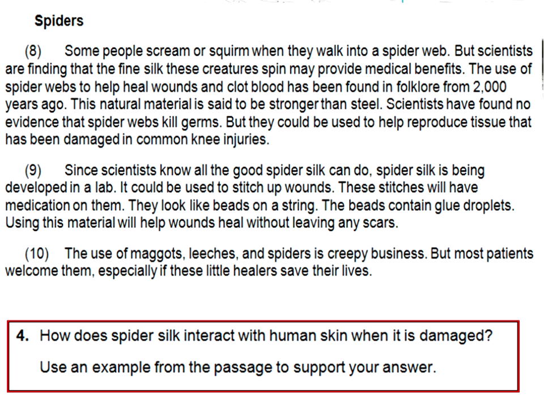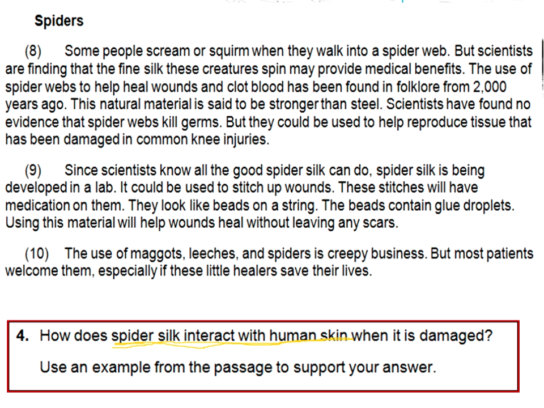I'm going to give you guys tools, and I understand that you will all probably be doing this at the same time, but it will be just fine. You can go ahead and take your highlighter tool, and as we read through this, highlight anything that would answer this question, spider silk interacting with human skin.